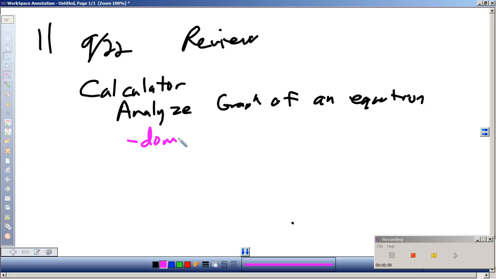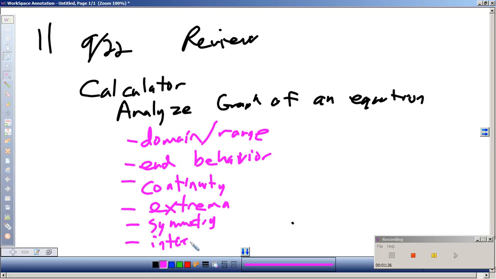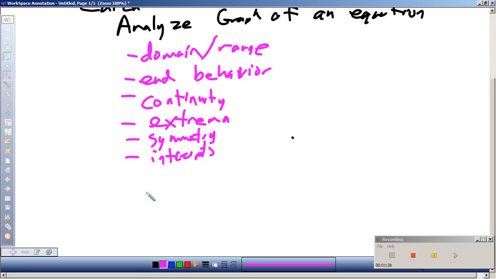We can do domain, range, end behavior, continuity, extrema, symmetry, intercepts, where it's increasing, decreasing, constant.